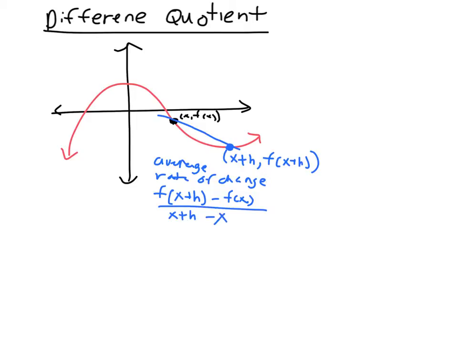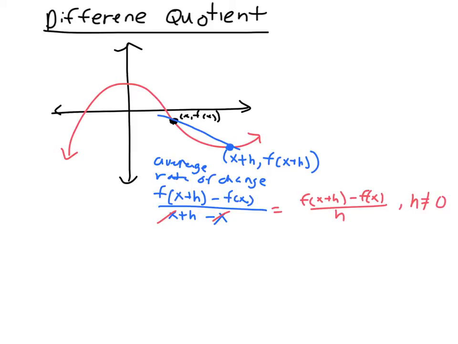So we have x plus h here, and then x over there. This can be simplified a little bit because these x's cancel. So you end up with f of x plus h minus f of x divided by h. And of course, h cannot equal 0, because if it does, then that fraction would be undefined.